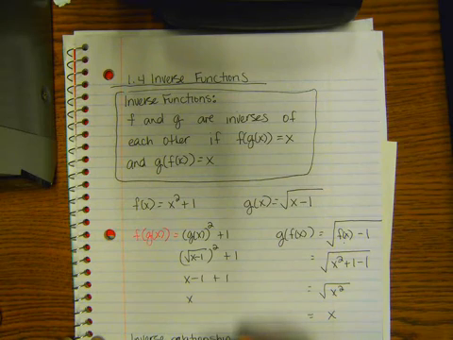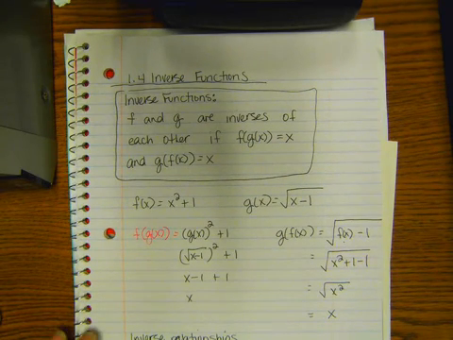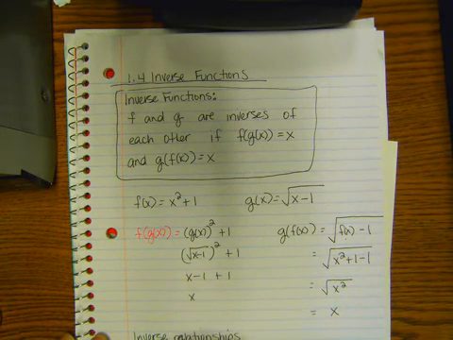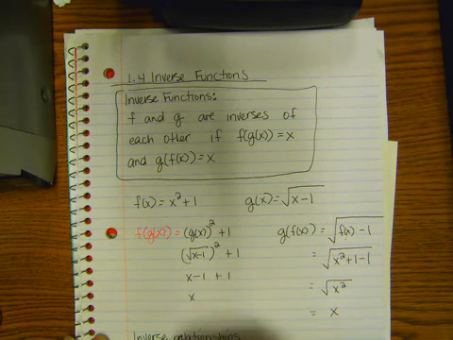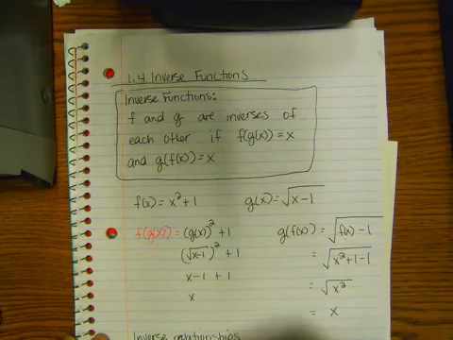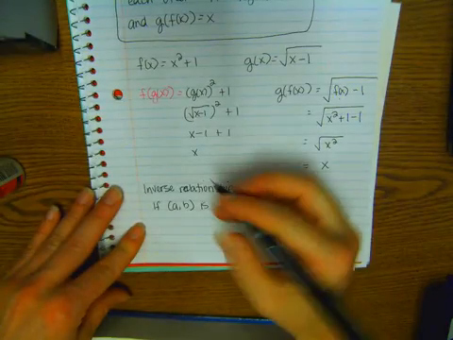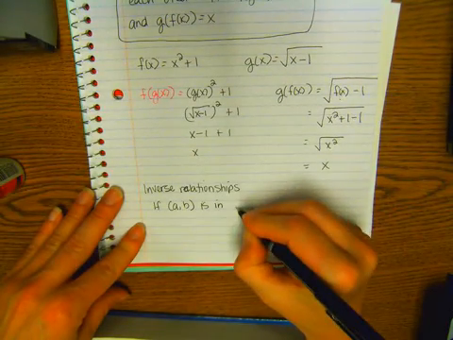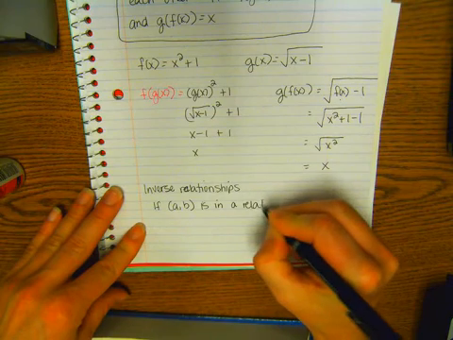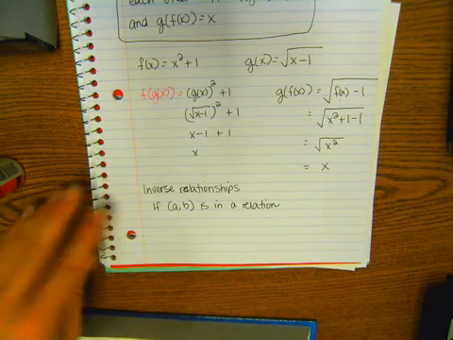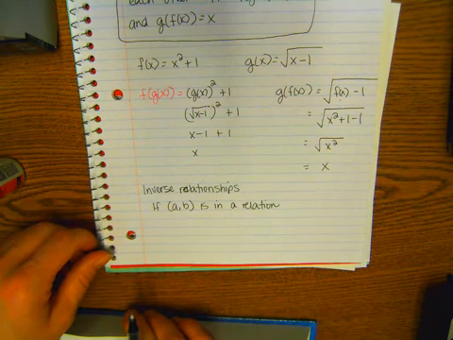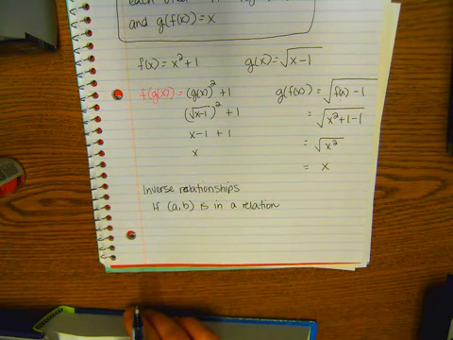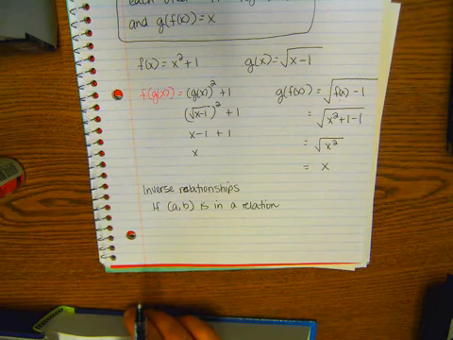That if A comma B is in a relation, why am I calling it a relation? It could be a function, but it could not, because we talked about how circles are relationships, but they're not functions. Okay.